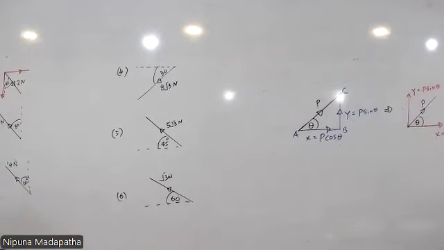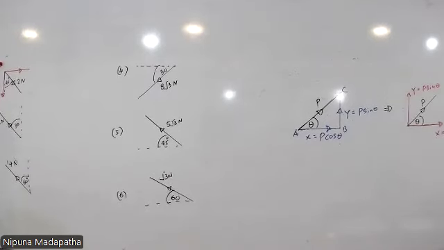What is the x component of this 2 Newton vector?